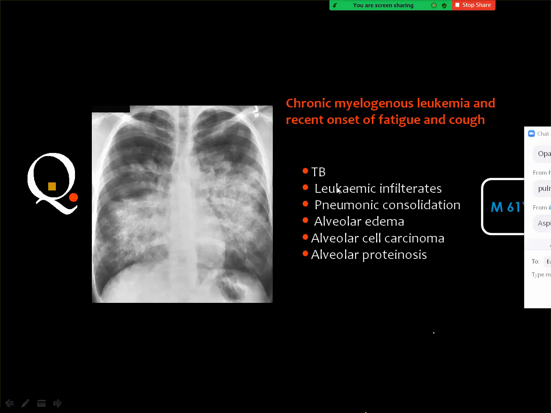This is TB or leukemic infiltrations or pneumonic consolidation, alveolar edema, alveolar cell carcinoma, alveolar proteinosis. Number three is, you mean this is pneumonic consolidation or alveolar edema or alveolar cell carcinoma.